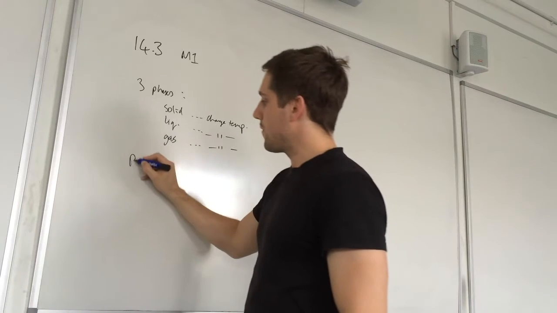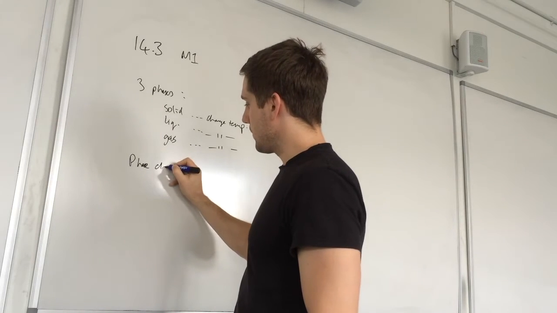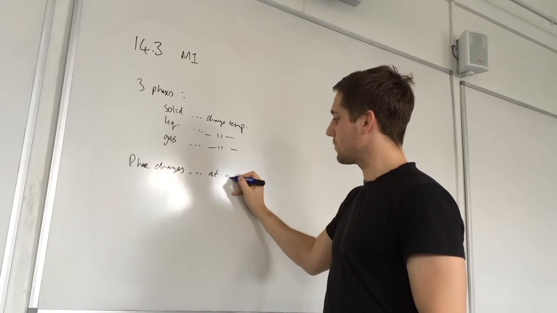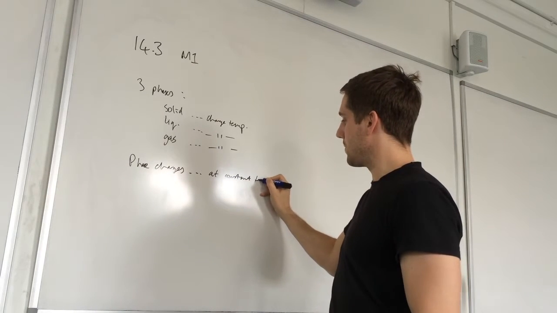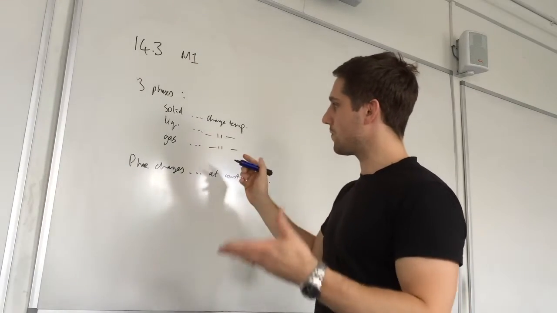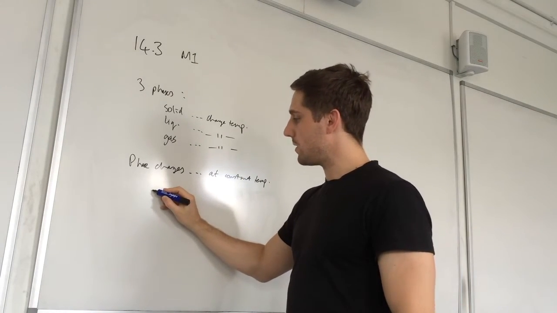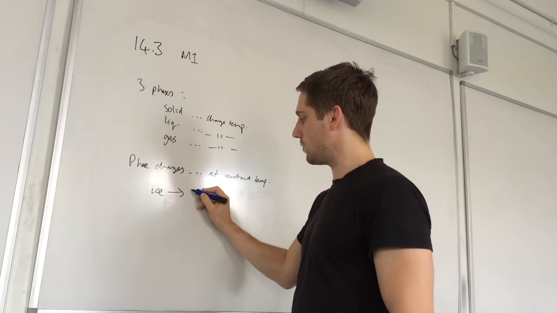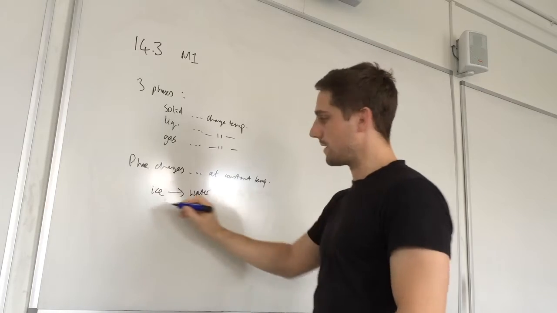When you have phase changes, they take place at constant temperature. So there is no temperature change. For example, when ice changes into water, that's a phase change.